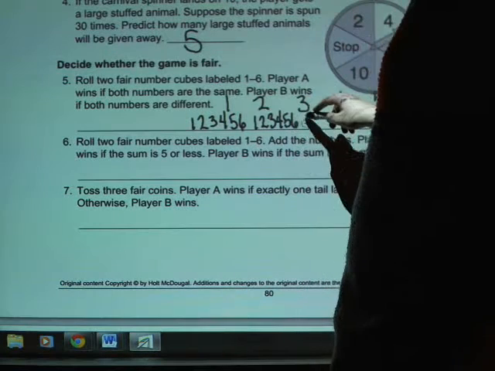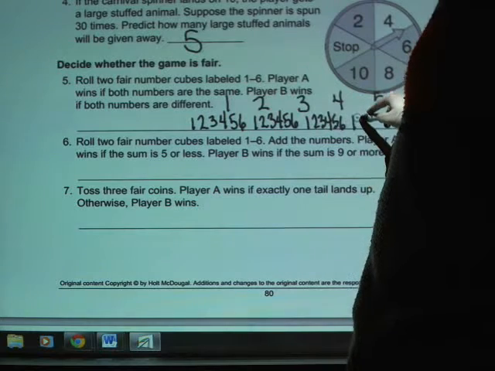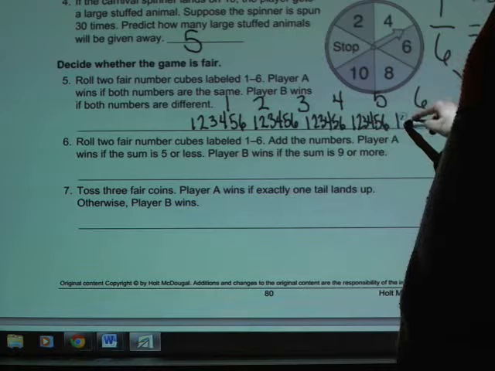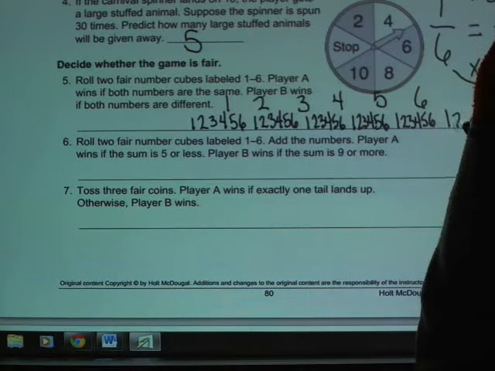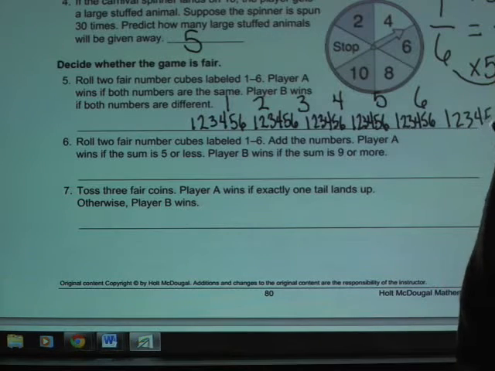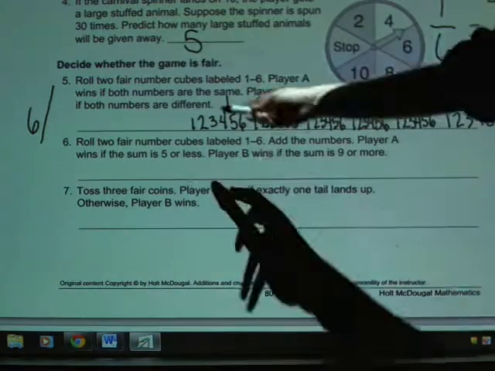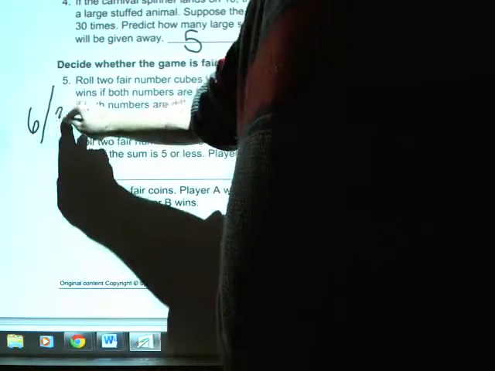Now, A wins when both numbers happen to be the same. So that means A is going to win when we have 1, 1, or 2, 2, or 3, 3, or 4, 4, or 5, 5, or 6, 6. So A can win 6 different times. And as we can see, when we look at totals here, counting out the bottom level of the tree diagram, 36 total possibilities.